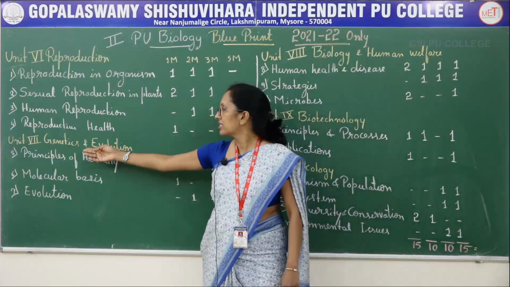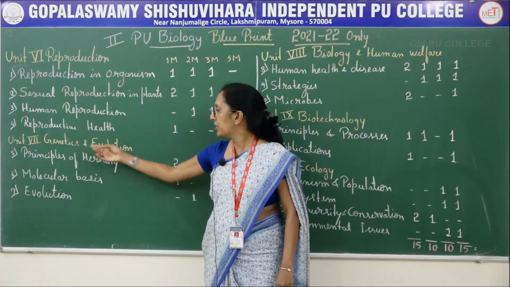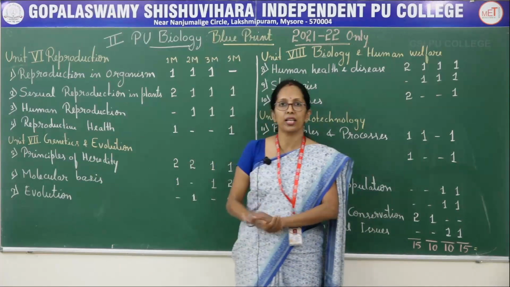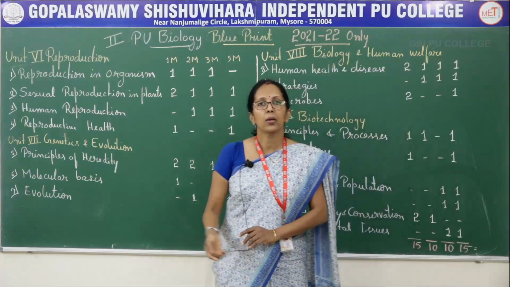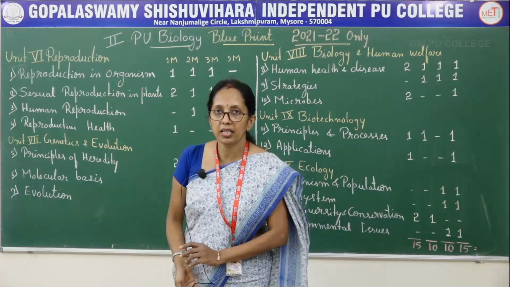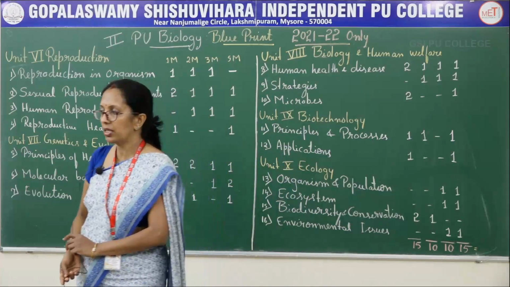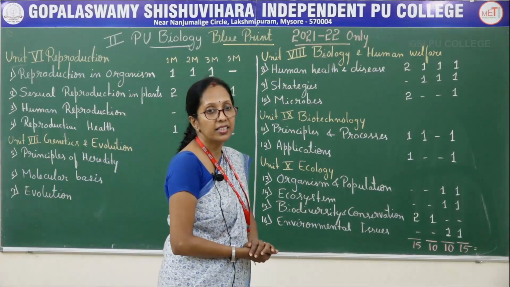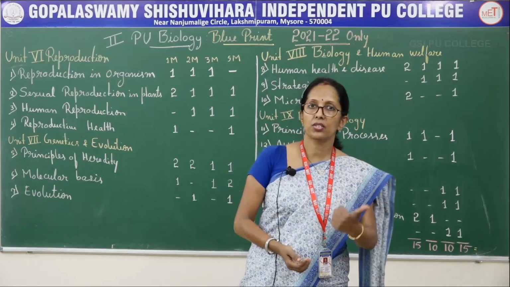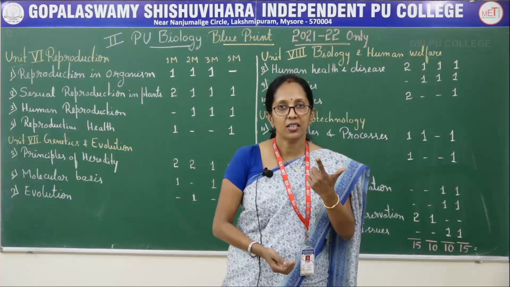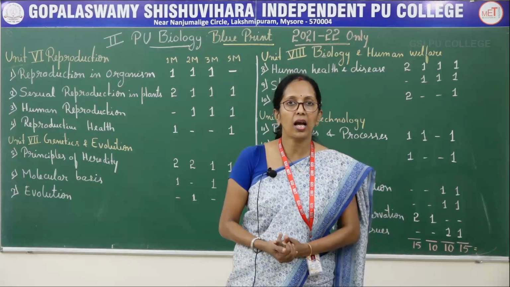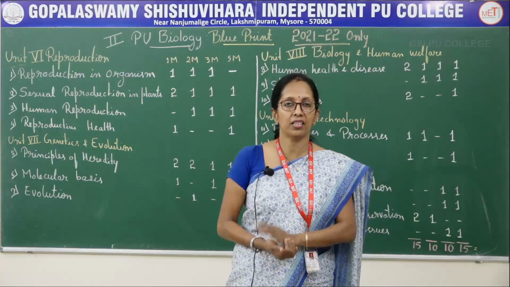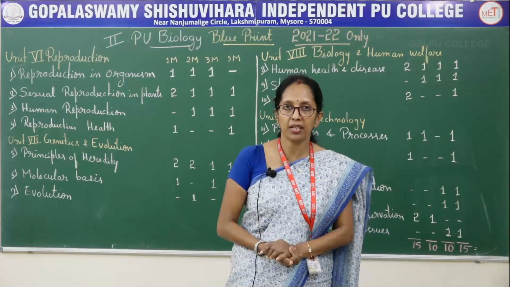Then coming to the second unit, genetics and evolution, and the 5th chapter is principles of heredity. So here we understood what is meant by heredity, what is meant by variation, and Mendel's laws of inheritance: Mendel's first law of dominance, the law of purity of gametes, and the law of independent assortment with examples, that is monohybrid and dihybrid.